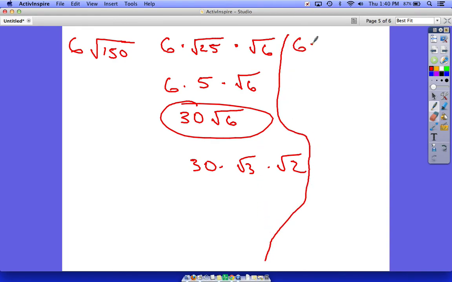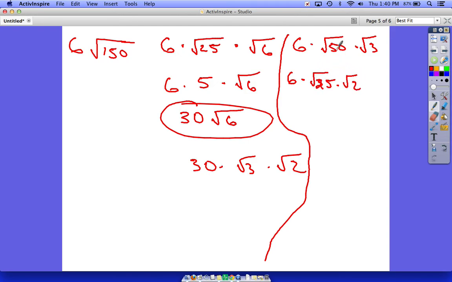So if I would have done 6 times, let's see, to get 150, you can also do 50 times 3. So I could do the square root of 50 times the square root of 3. Let's see here. This can't be broken down, but this can. So I could do 6 times the square root of 25 times the square root of 2.